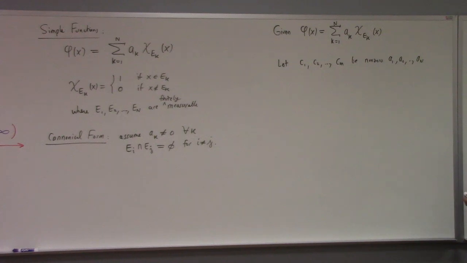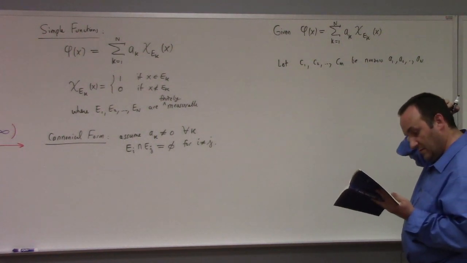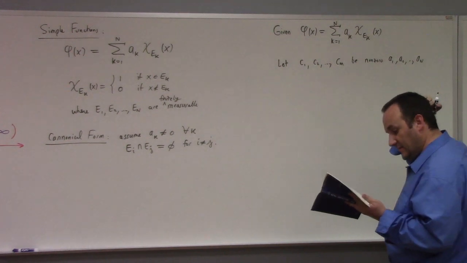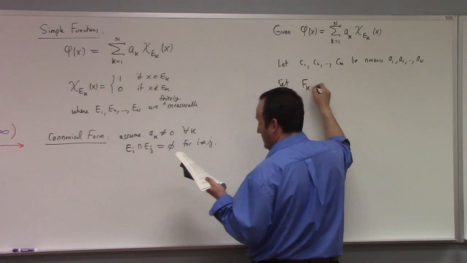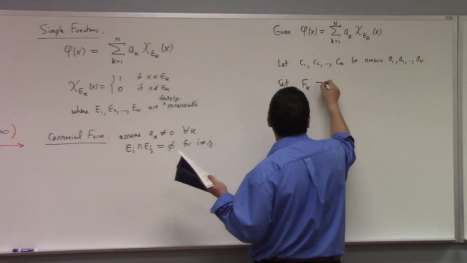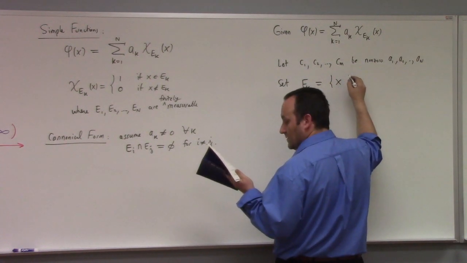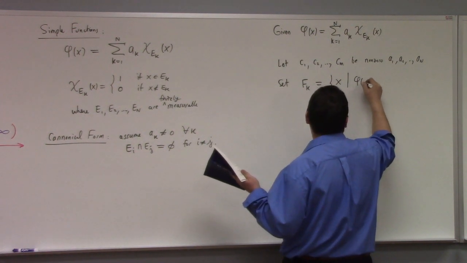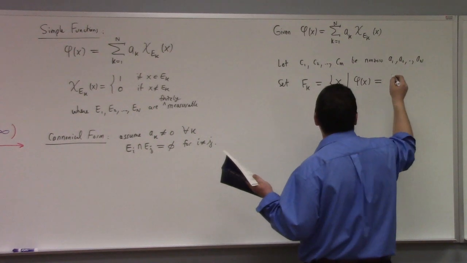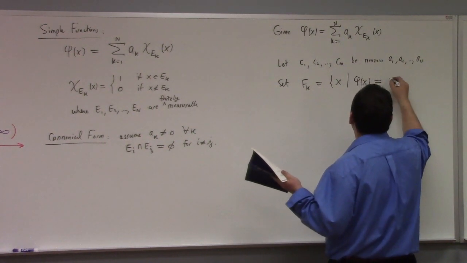It's a finite list, you can select the non-zero ones. That's step one. And then he says set f sub k equal to x such that phi of x is equal to c k.